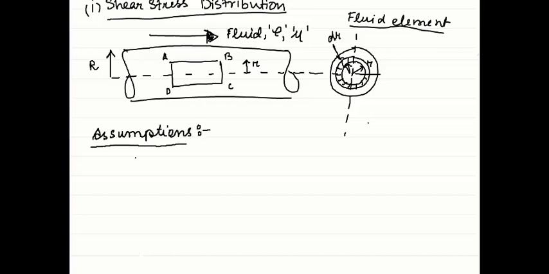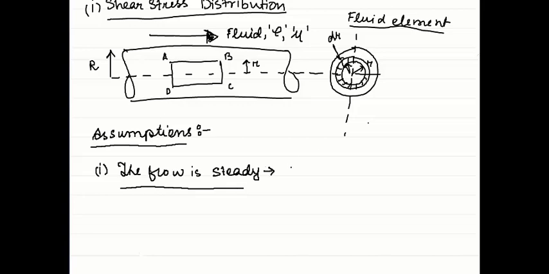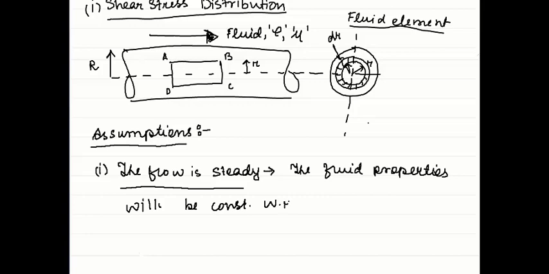The first assumption is that the flow is steady. Now what do you mean by the term steady? Steady means the fluid properties will be constant with respect to time.